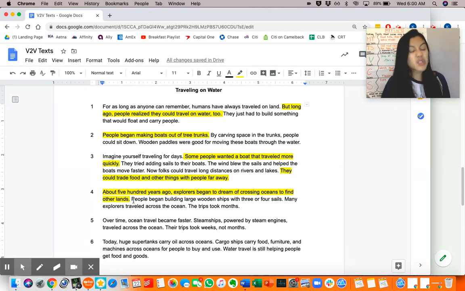And to do that, they began to build large wooden ships with more sails. So the rest of the paragraph supports the fact that now people wanted to cross whole oceans. So what did they do as a result? They built ships and were able to do that.